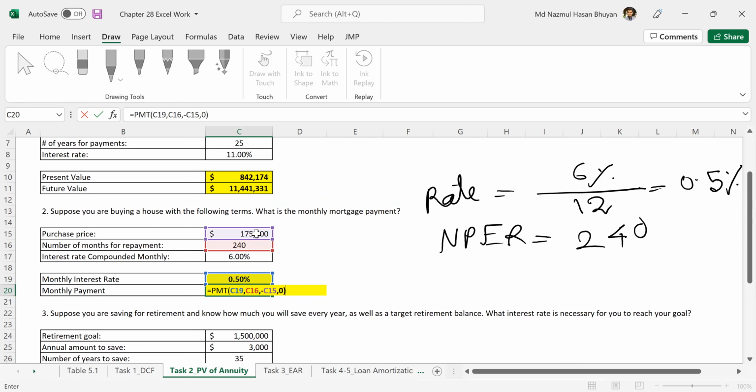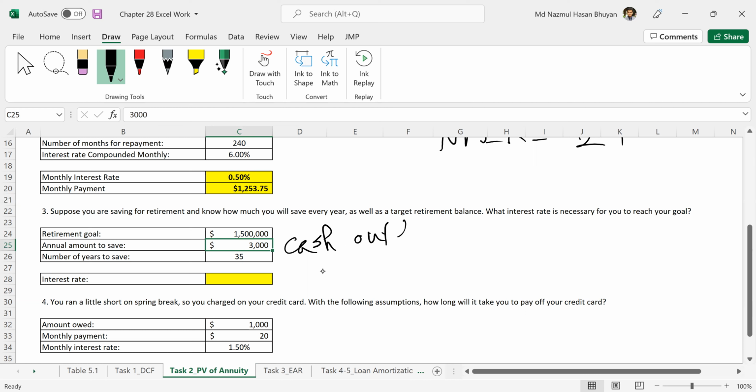Your retirement goal is $1.5 million, and you are going to pay $3,000 annually. This $3,000 is your cash outflow, and this one is your cash inflow. And here again, you are going to pay annually, so your unit of time is annual.